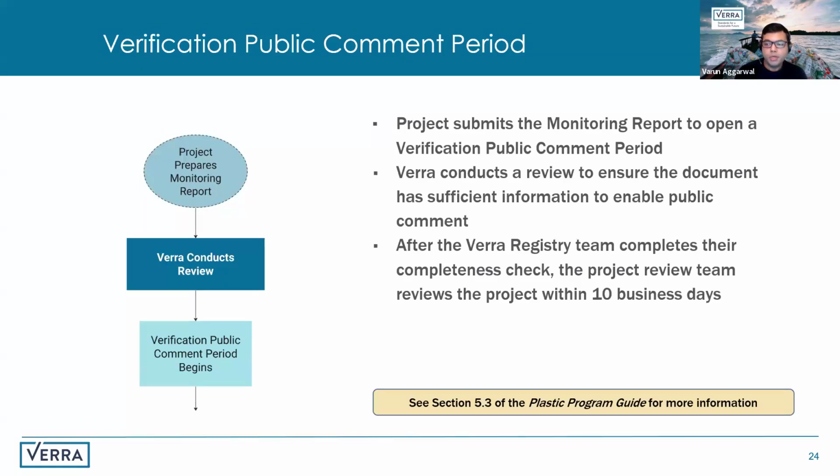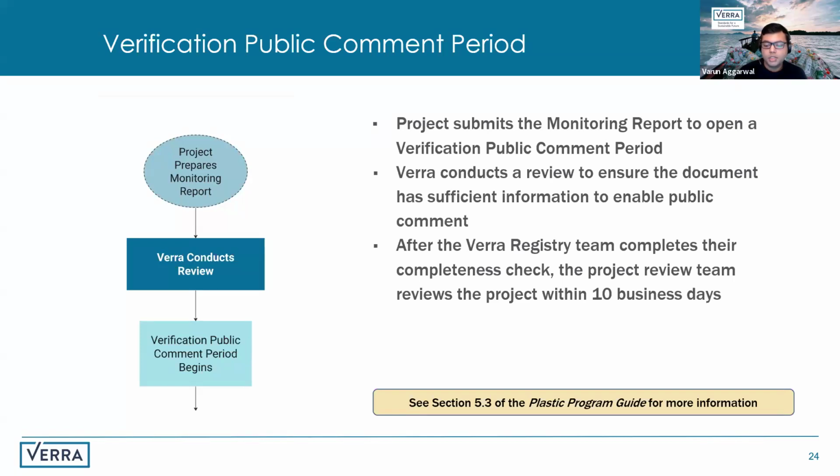So once the monitoring report is ready, the next step for the project would be to open a verification public comment period by submitting the monitoring report to Verra. Now, once this monitoring report is received by Verra, the registry team, similar to the listing stage and also to the registration stage, completes a completeness check, followed by a completeness review by our project review team, which could take up to 10 business days.